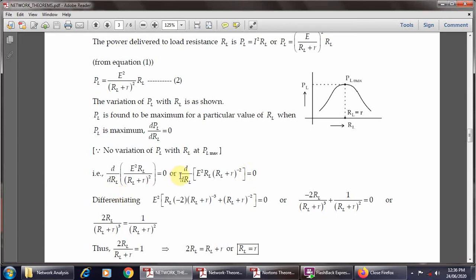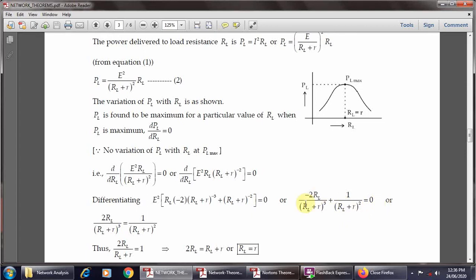Then differentiating with respect to RL, the equation becomes E square into RL into minus 2 into (RL plus R) raised to minus 3, plus (RL plus R) raised to minus 2, which is equal to 0. This equation becomes minus 2 RL upon (RL plus R) cubed plus 1 upon (RL plus R) square, which is equal to 0.